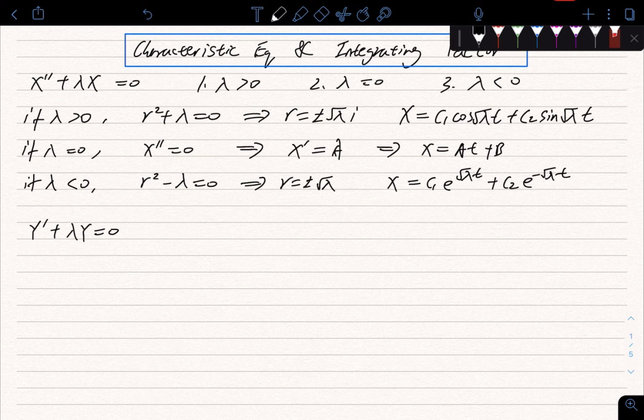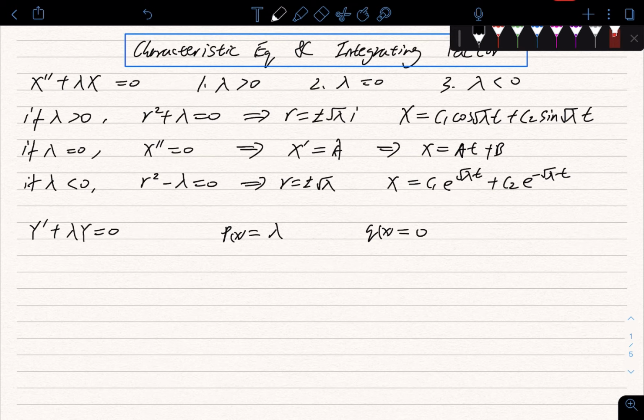To do this, we need to identify our q and p. So p of x equals lambda, and q of x equals 0.